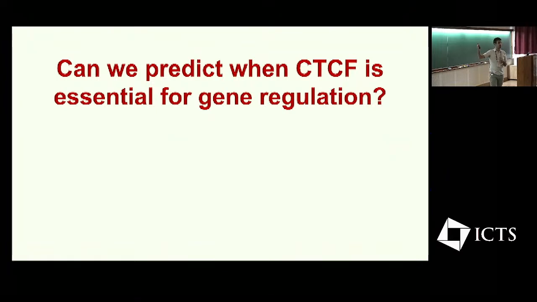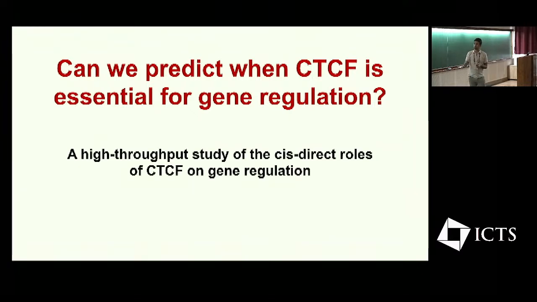And so there's also value in the kind of approaches that we do, where we perturb just one region of the genome and measure the impact in cis of regions next to where we perturb. So we wanted to develop a high-throughput method to study the direct cis roles of CTCF in gene regulation.